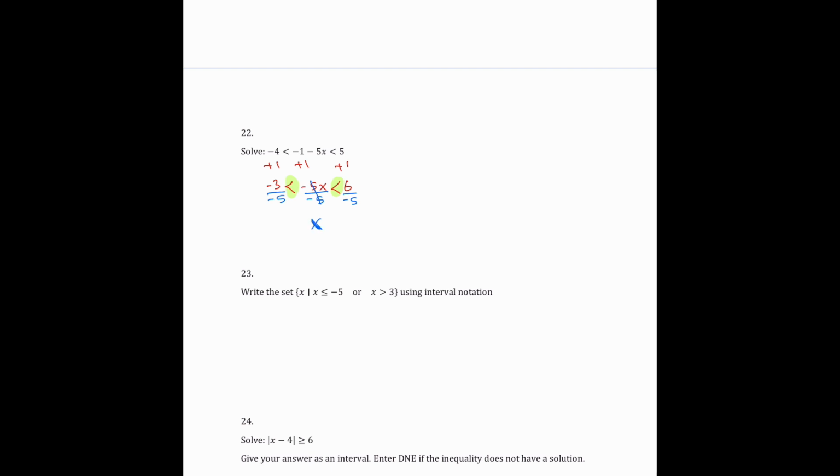So x is going to be less than 3/5. The negatives cancel out. And greater than 6/-5 or -6/5. It doesn't matter where you put the negative. On the number line, I'm going to represent it like that.